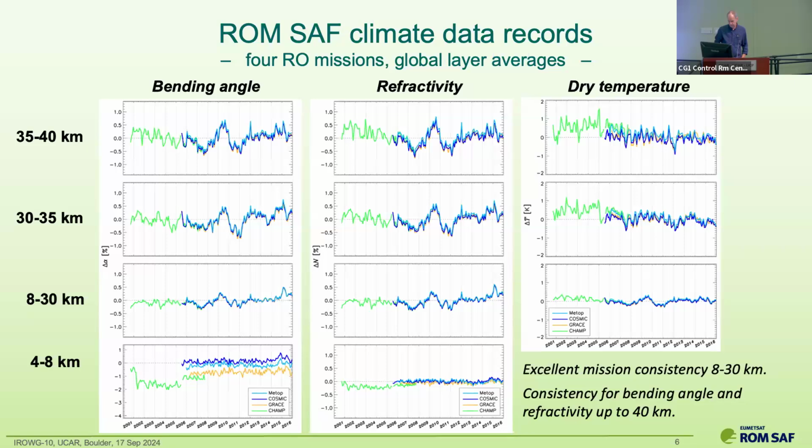There is a region between 8 and 30 kilometers, which we have used a lot in various studies, where the differences are quite good. They're very consistent. For bending angle, we could go up to 40 kilometers, reflectivity a bit lower, dry temperature even lower. Above 30 kilometers we see some differences. There are also some differences with CHAMP data. So some work needs to be done on that.